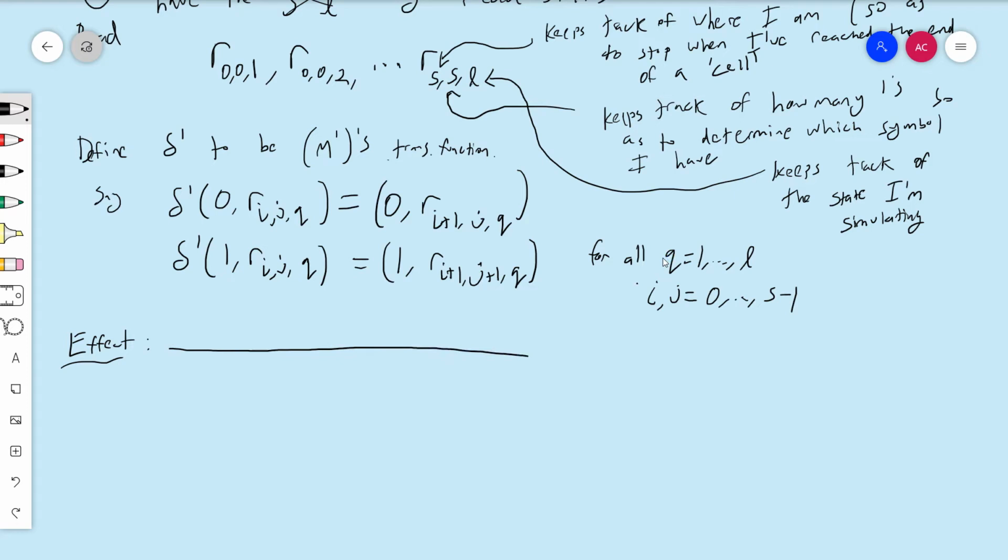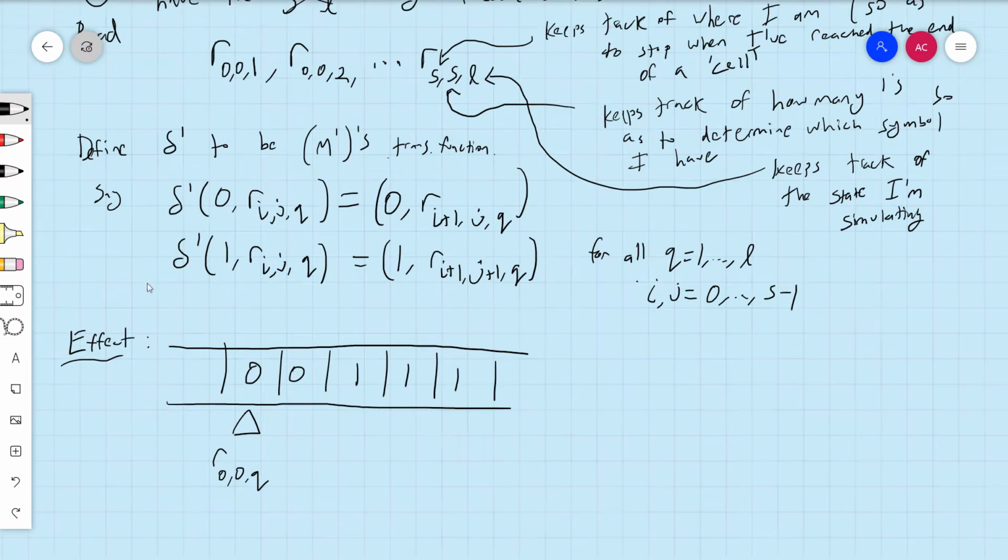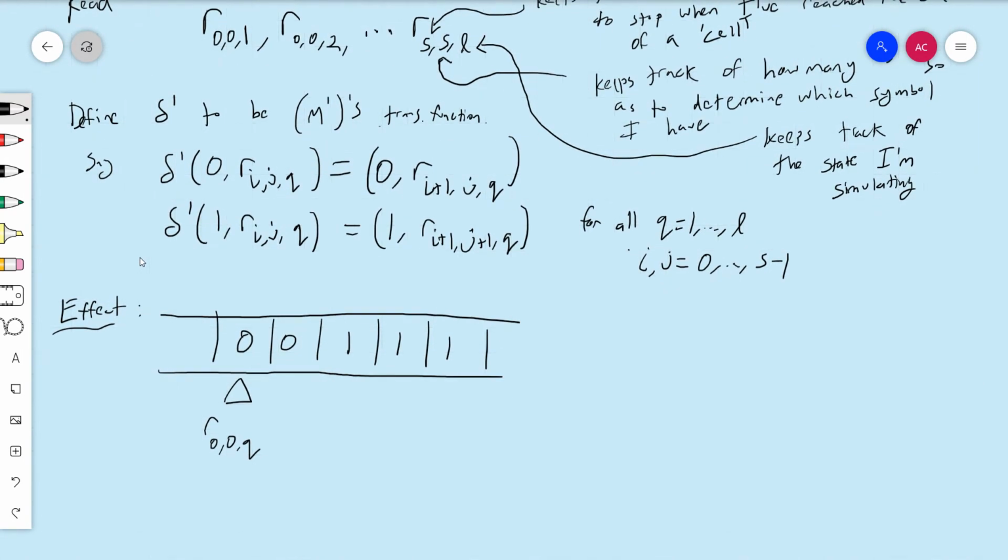Well, it's going to be a 0, 0, 0, whoops, 1, 1, 1. And I'm going to be looking here, and I'm going to be in the read state 0, 0, Q. So let's see what the effect of these definitions of the transition function are going to accomplish.